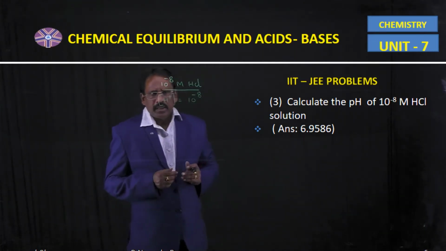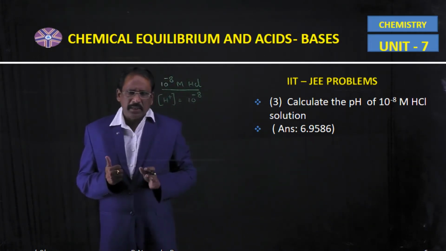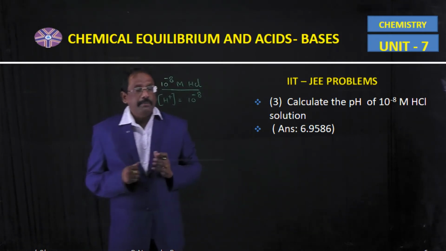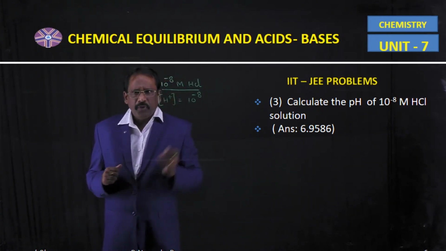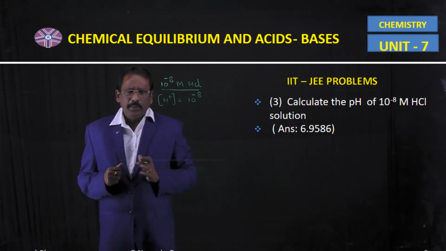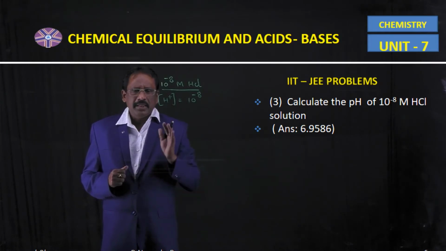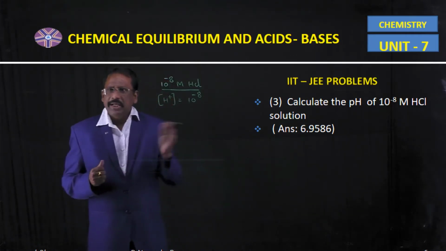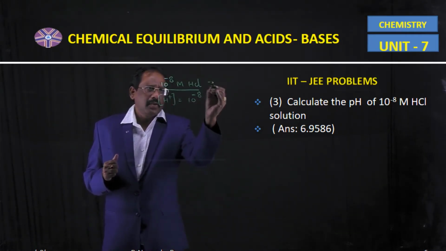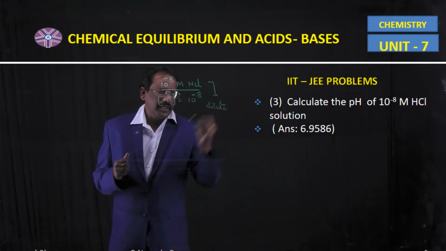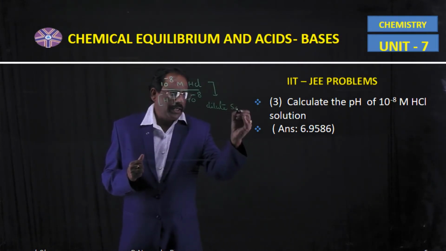Now apply pH is equal to minus log H plus. Therefore minus log 10 power minus 8. Therefore pH of the solution is 8. But according to the pH scale, pH for an acid is less than 7. But here it is more than 7. That means it is a very diluted solution.